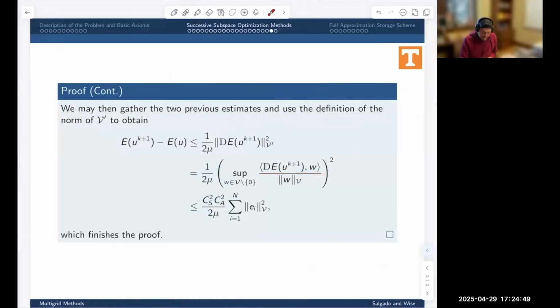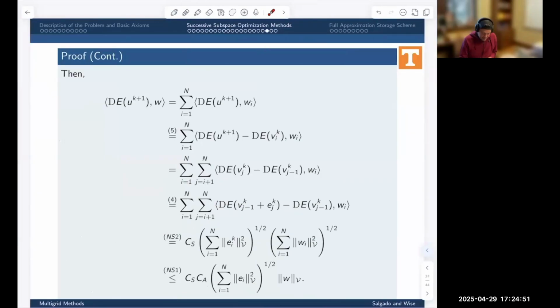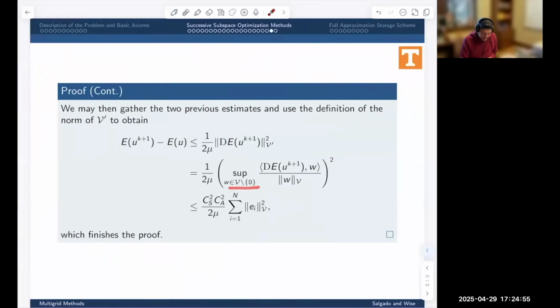Notice that, therefore, I can divide out the W norm. I'm taking a supremum over W's, but the W norm gets canceled out, and so that is my upper bound. So this gives me my upper bound on corrections. So I can now identify C_U with that constant right there, and I'm done. So that proves the convergence that I'm looking for.